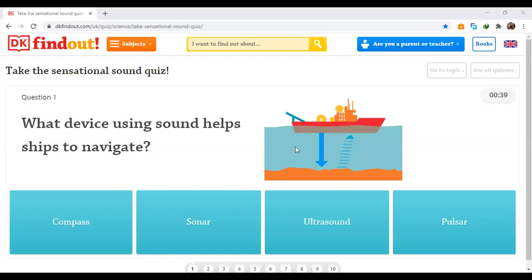Ultrasound. I want the device. This is ultrasound waves, yes. But what is the name of the device? What is the device that produces ultrasound?